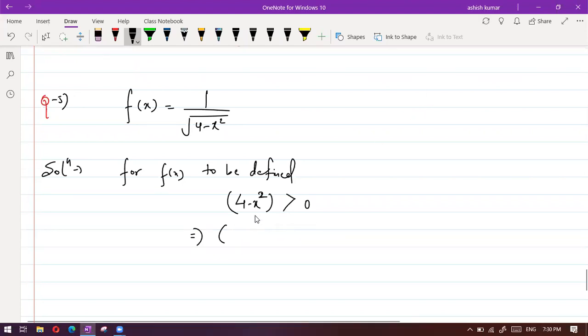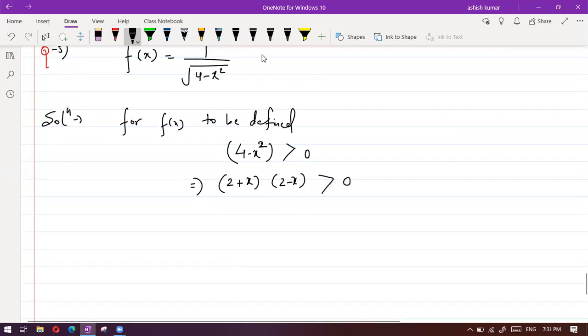Now here the simple thing is that we have to factorize this one. Using a square minus b square form, we can write this as 2 plus x and 2 minus x is greater than 0, right? Right, Ria? Okay, she's again getting disconnected. Fine.